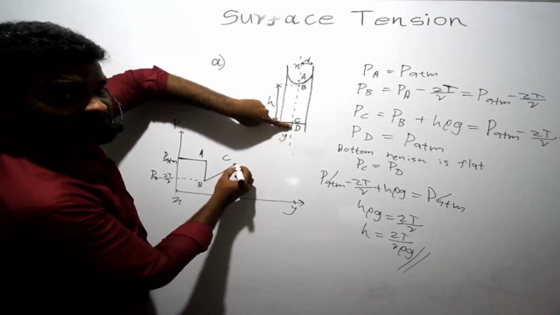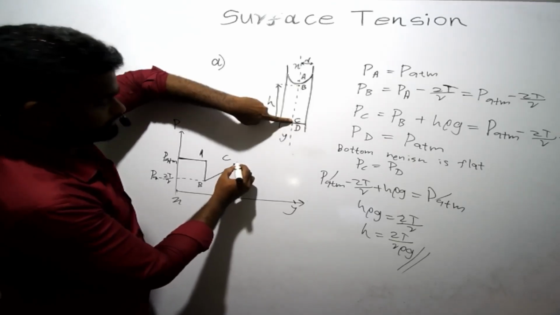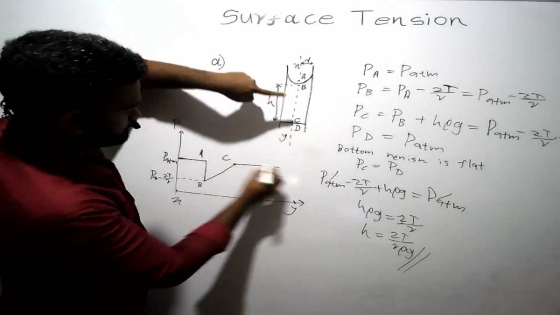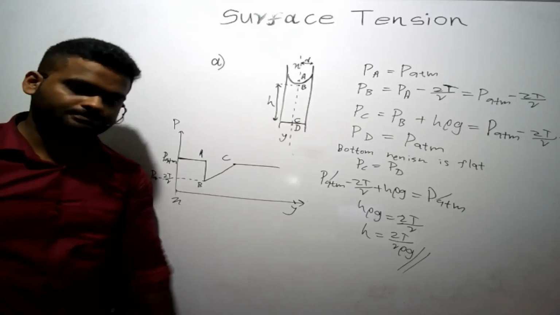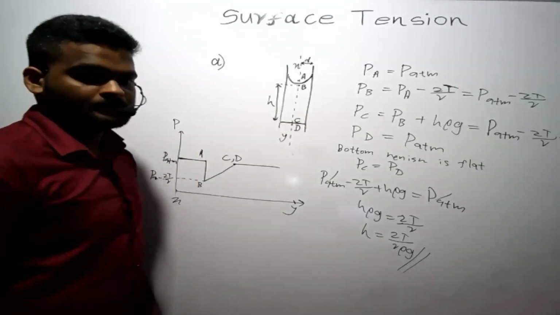And what's this pressure? PATM. And pressure here also should be PATM. Then after that, pressure is atmospheric pressure. Same level. Understood? Take it down. This is both C and D points.